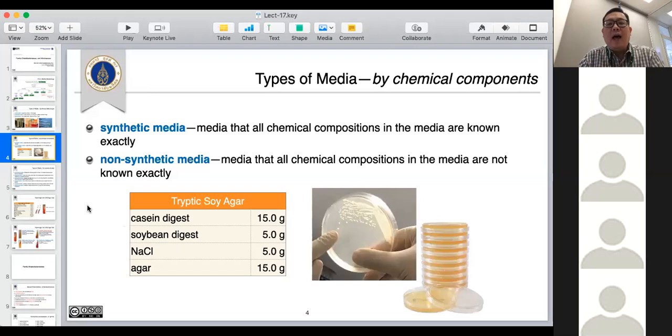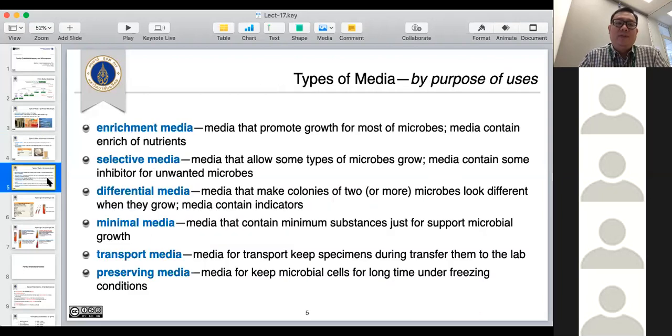If we classify media by purpose of use, we divide media into 5-6 different types. Enrichment media are important because when you take a specimen from a patient, you need to enrich the target bacteria, since they are so few in the patient.